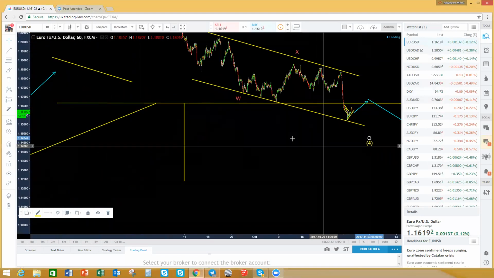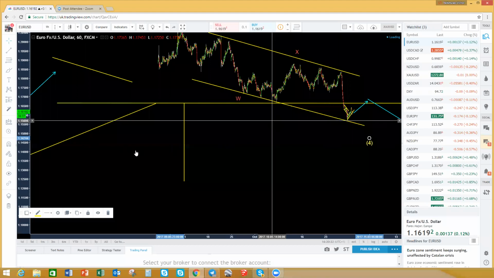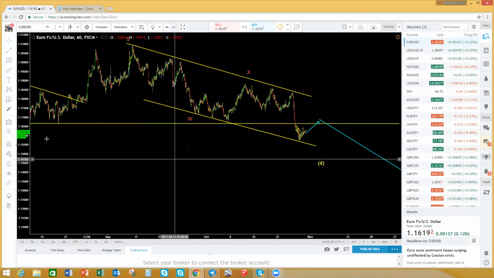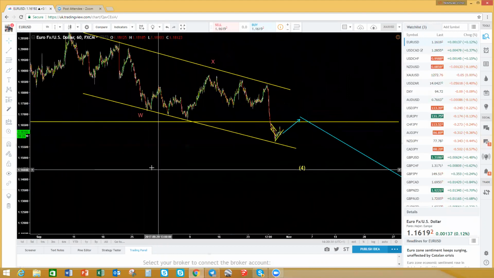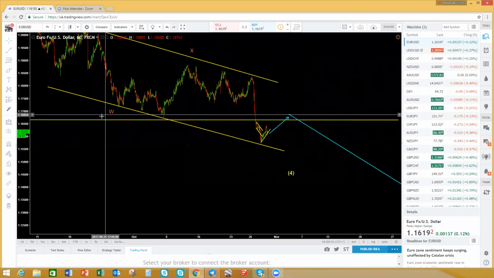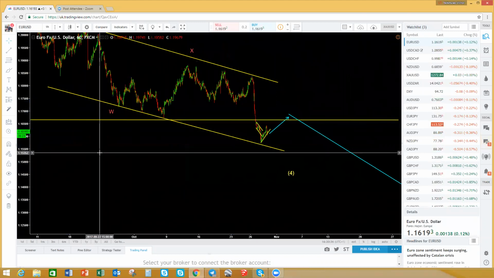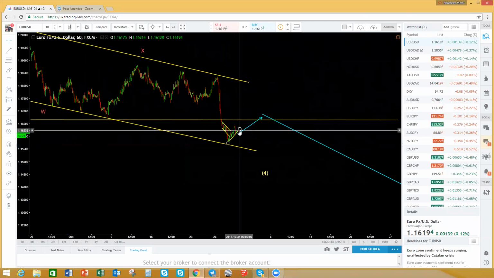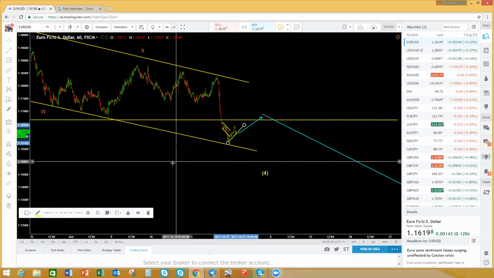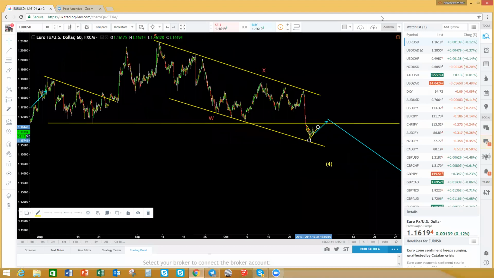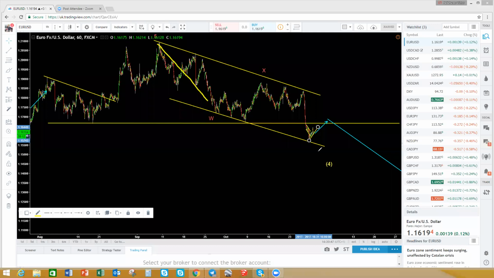You can see this is where we are. Okay, let me just take off all these lines here. There's a reason why I was drawing these lines, and I'll explain to you now. And this is not a support or resistance line because I do not trade that. All right. So this is what is confirming to me that we are going to get a WXY like that.